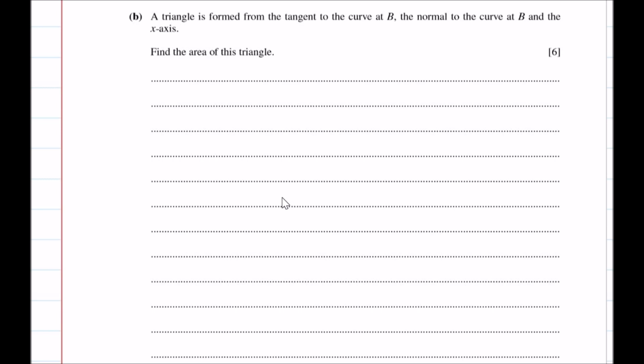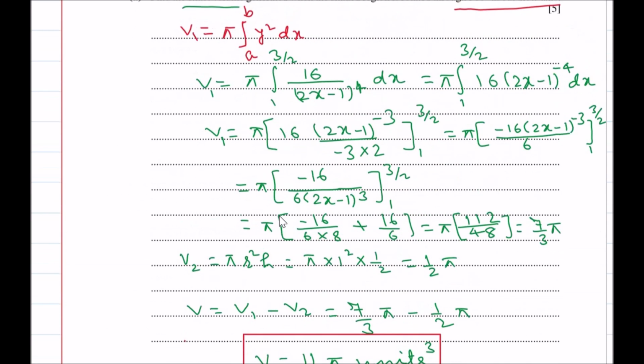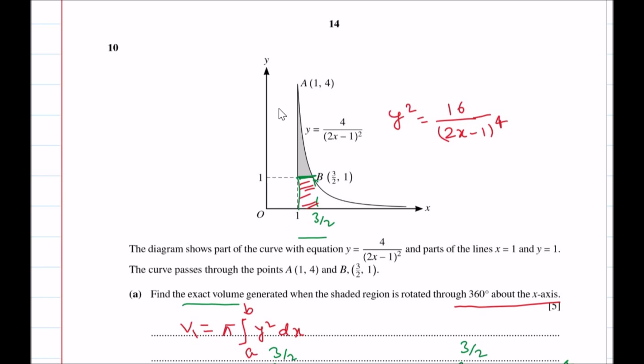Now, a triangle is formed from the tangent to the curve at B, the normal to the curve at B, and the x-axis. Find the area of this triangle. So let us see what the question is saying. First, let me clear this diagram here so that we can do some rough sketch here.